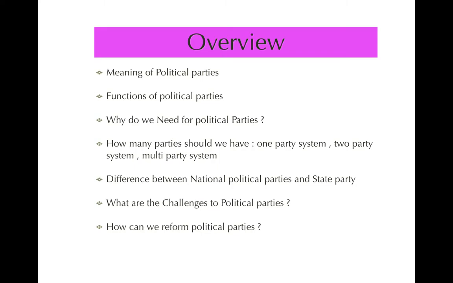The one party system, the two party system, and the multi party system we are going to study here. And we are then going to study the national political parties and the state party, and understand the difference between these two party systems. The last topics that we shall be doing in this chapter would be the challenges to political parties and the ways in which we can reform the political parties.